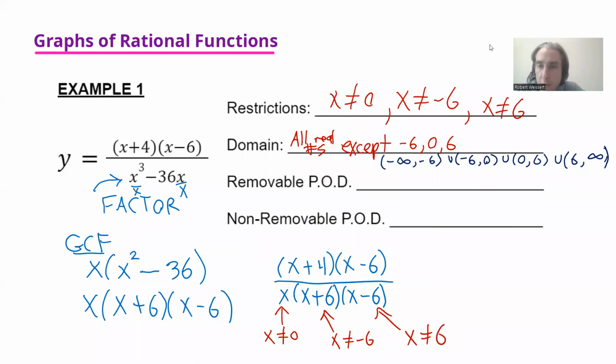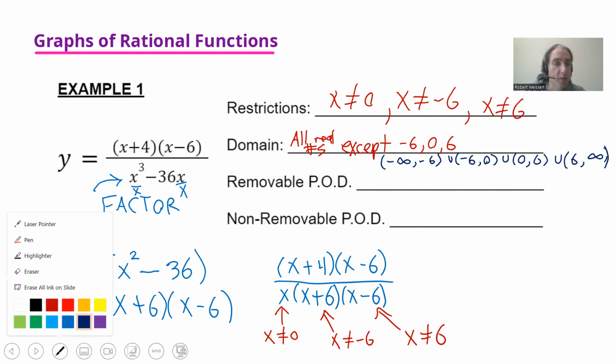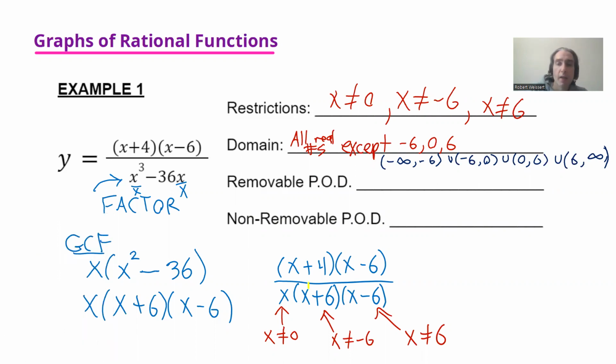In blue, you see my interval notation. Remember, I'm going smallest to largest, so -6 is the first number in my interval, followed by 0, 6, and finally ending with infinity, starting with -infinity. Now let's talk about the removable versus non-removable points. We're going to first see what cancels out. So if I'm looking at my canceled stuff, I don't have an x plus 4, but I do have an x minus 6.